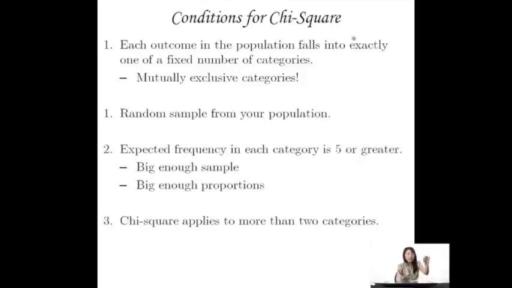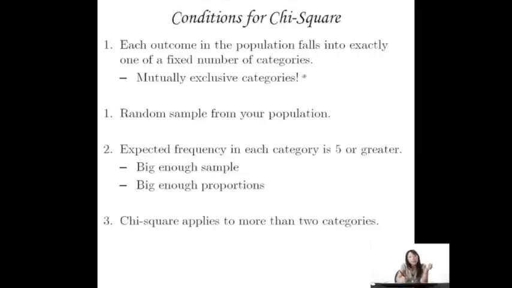So let's say we're drawing out votes. Each vote has to fall into one of a fixed number of categories. If it's 2 candidates, it's always 2 candidates for every single voter. So we can't compare voters that had 2 candidates versus voters who had 3 candidates.